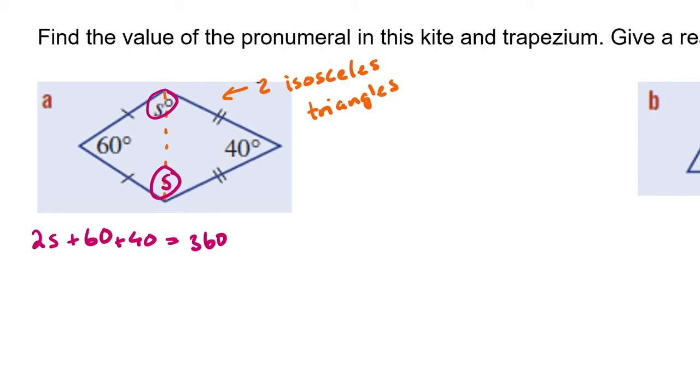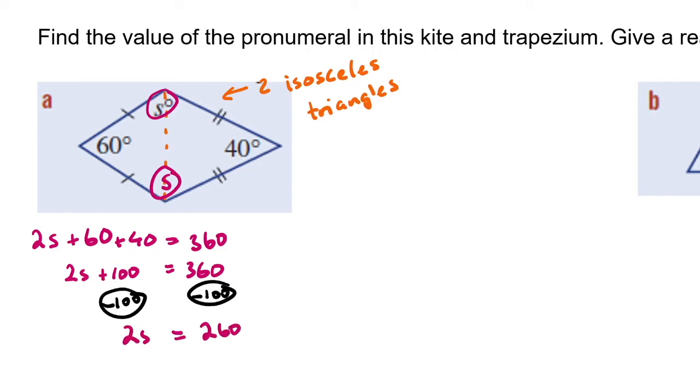Now 60 and 40 are 100, so we've got 2S plus 100 equals 360. If we get rid of that 100 by subtracting it, we now have 2S equals 260.